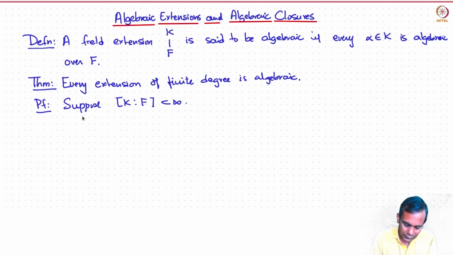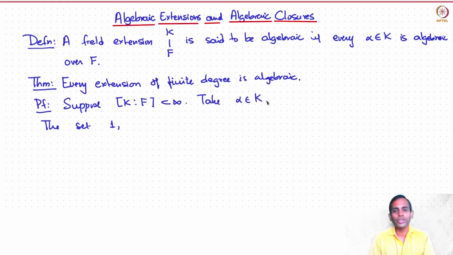Now take alpha belonging to K. We need to show that alpha satisfies a polynomial equation with coefficients in F. The set 1, alpha, alpha squared, alpha cubed, and so on cannot be linearly independent, and therefore there must be some linear relation between these elements, because K over F is a finite dimensional vector space over F.